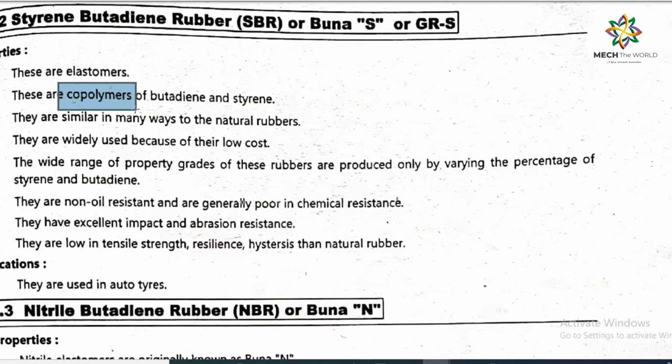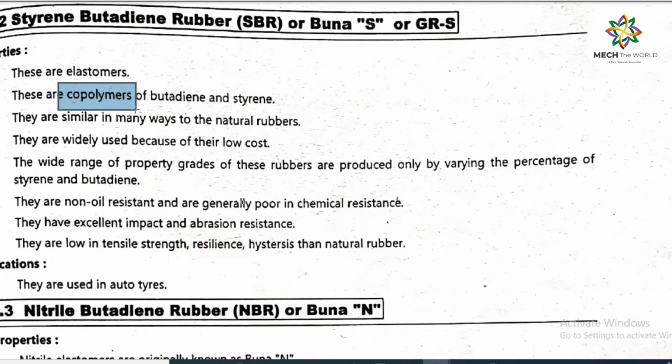Likewise, in case of non-metallic materials, specifically polymers, if we add two or more different types of rubbers together to make a mixture, then that mixture is called a copolymer. So here we add butadiene and styrene together, and this copolymer is called styrene butadiene rubber, or SBR, or Buna S.